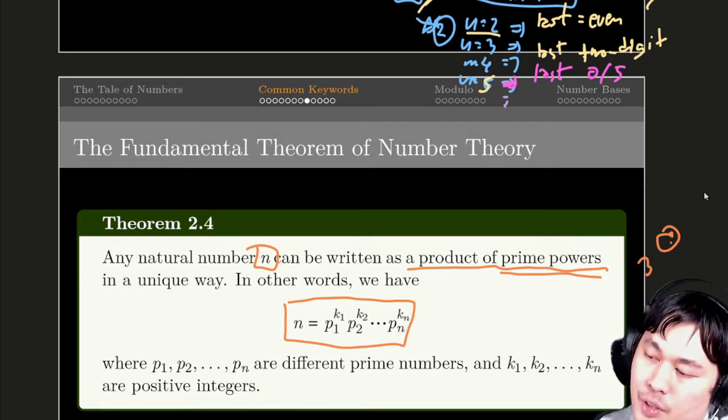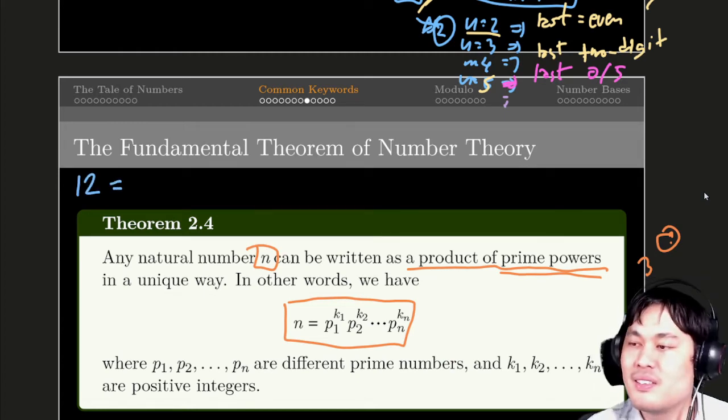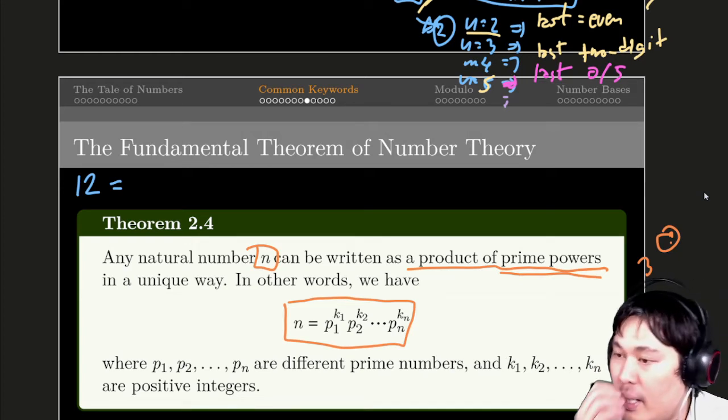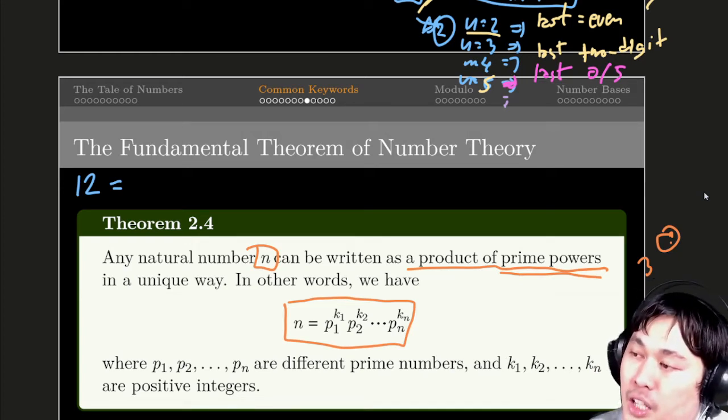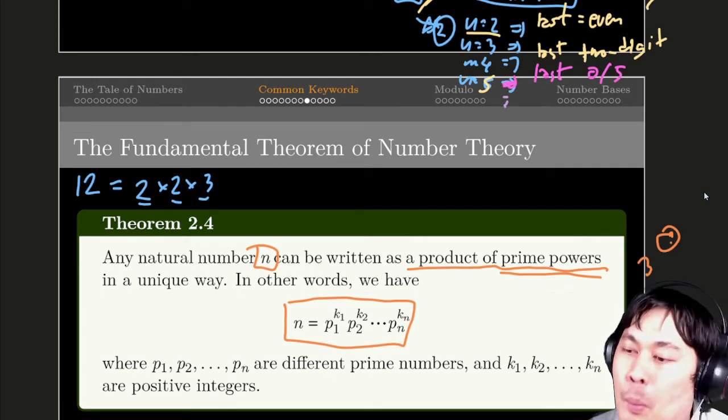For instance, if you come back to 12, there are about 6 ways to express it. But if you have to express it as prime powers, it's 2 times 2 times 3. Now these 3 numbers are all prime.